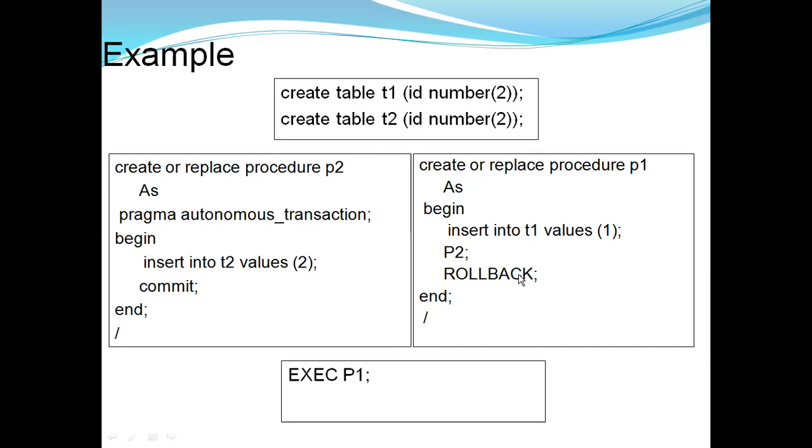This rollback will not have any information about the commit at all, so it will reverse this. And this rollback will not reverse this also. Even if the commit did not happen here, it would still not roll this back; it would only roll back this. That is called the pragma autonomous transaction.